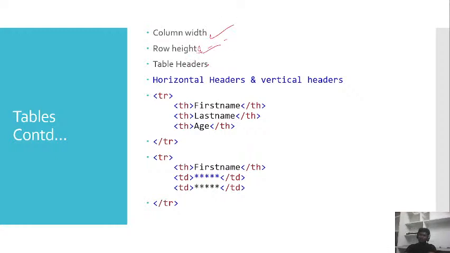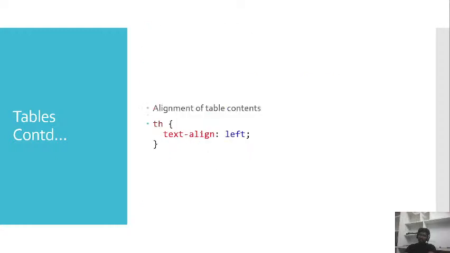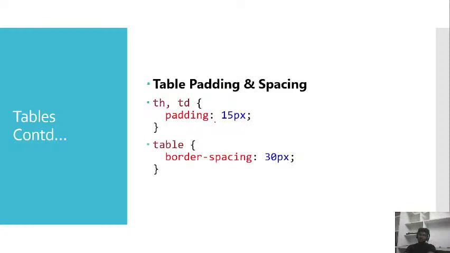Row height also we can give there, and then table headers. This is how you give the table heading by using the th tag, and table data is given like this, and then text alignment in the table is given like this by using the CSS property.